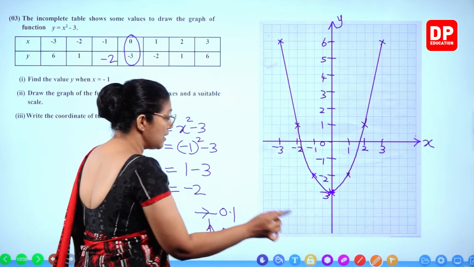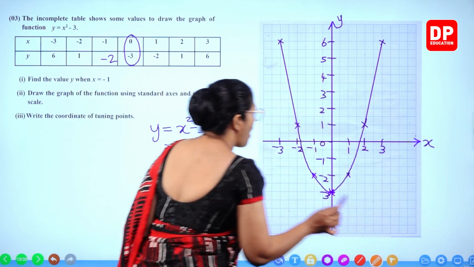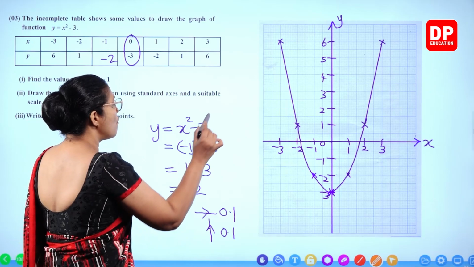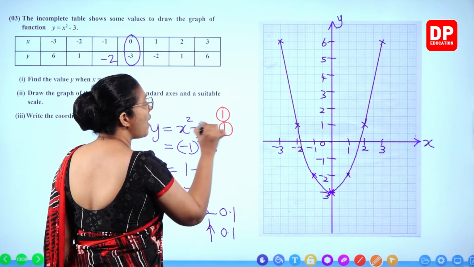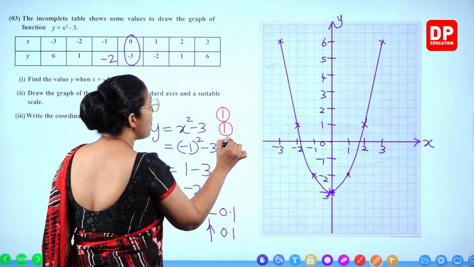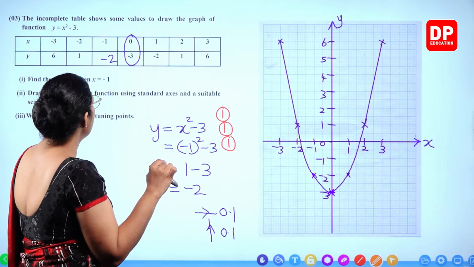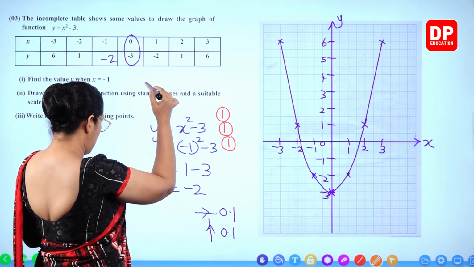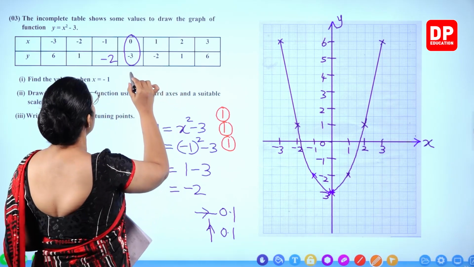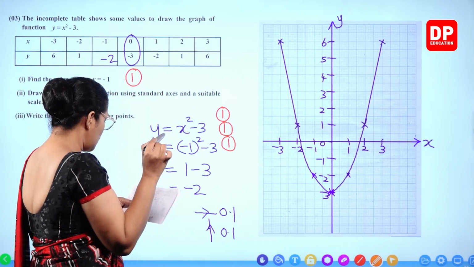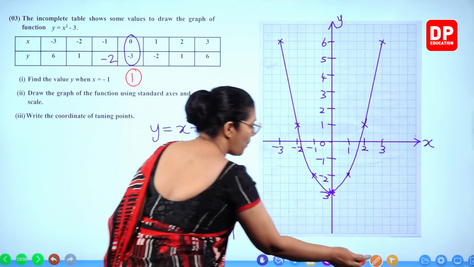So you get how many marks? 3 marks for drawing this graph. 1 mark for adjusting the scale, 1 mark for marking the points, and 1 mark for connecting the points smoothly. And here you get this one, 1 mark as well. So altogether we have given 4 marks for these 2 parts.